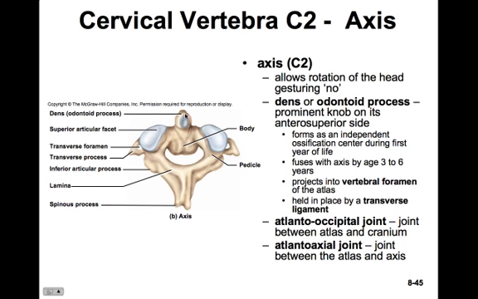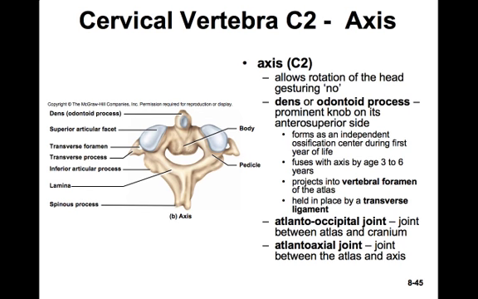This is a prominent knob on the anterior superior side. The axis does have a small body. It certainly has superior articular facets that interact with the inferior articular facets of the atlas. We'll see a vertebral foramen where the spinal cord passes through.